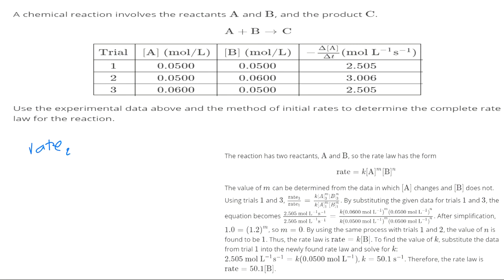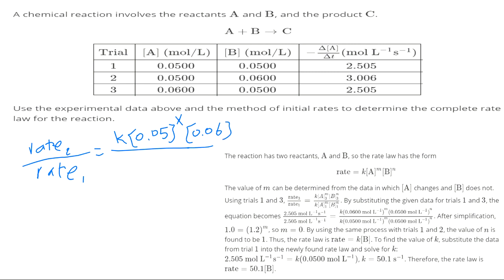Rate 2 over rate 1 equals k, concentration of A for experiment 2, which is 0.05 to x, concentration of B, 0.06 to y, over k. For rate 1, we have concentration of A 0.05 to x, concentration of B 0.05 to y.